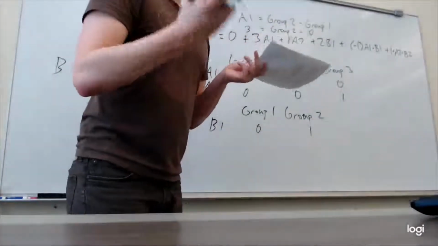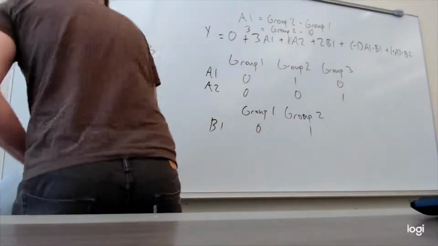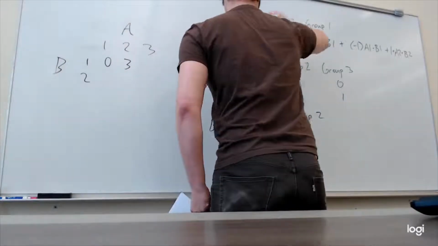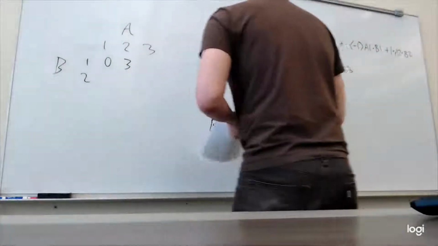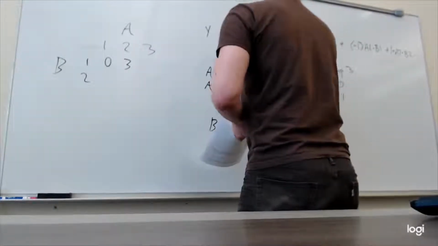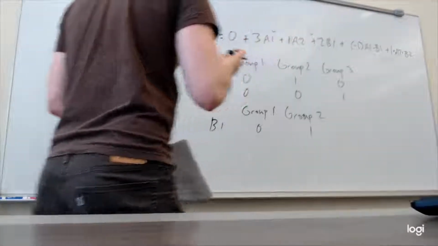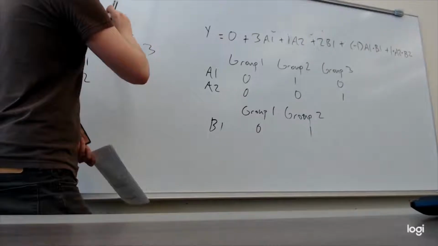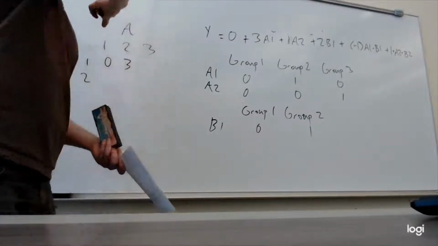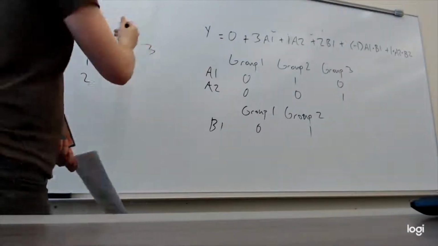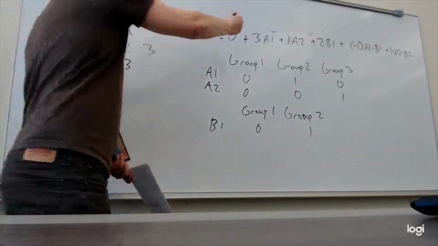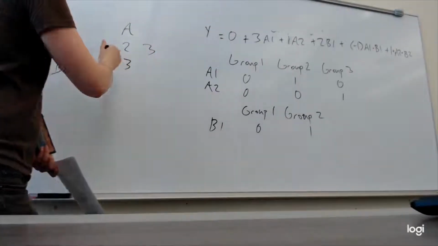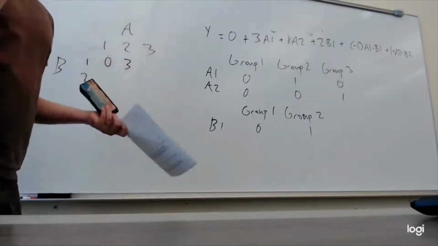Another way you could do it, if you didn't want to go through the algebra, that fits how we thought about contrasts all along, is you could say, this A1 tells me how the mean or the predicted value changes as I go from group 1 to group 2. So I increase by 3. I add 3 to this, and that would get me 3.